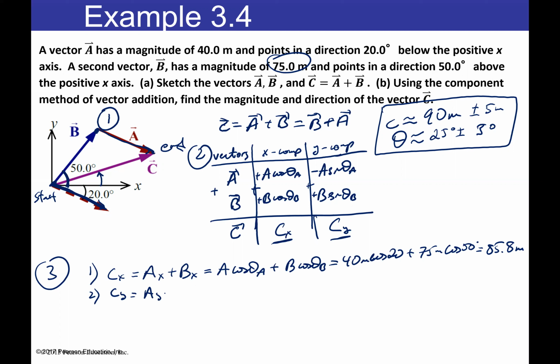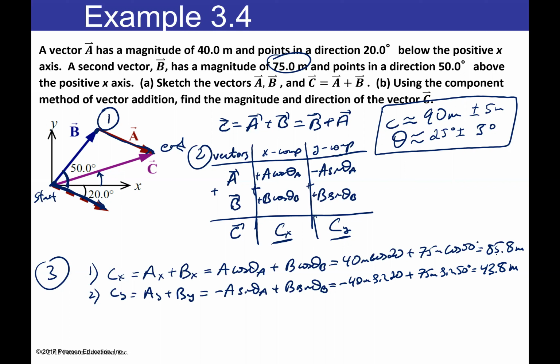So Ay plus By, which will be negative A sine of theta A plus B sine theta B. Negative 40 meters sine of 20 plus 75 meters sine of 50 degrees. I calculate, and we're going to get 43.8 meters.